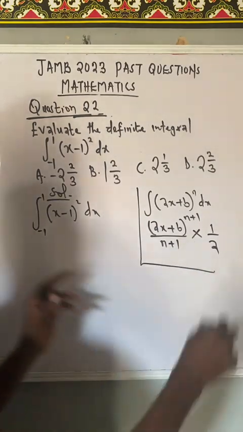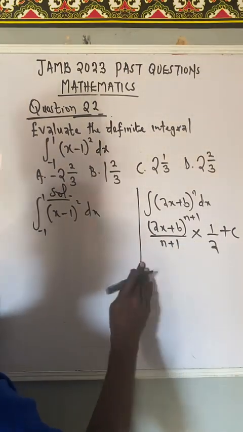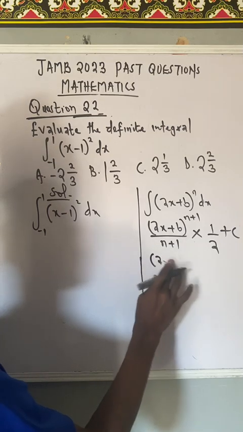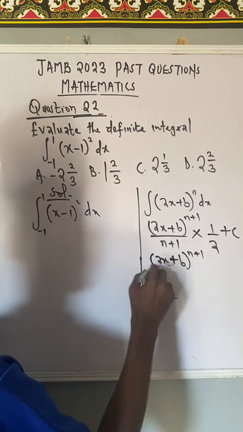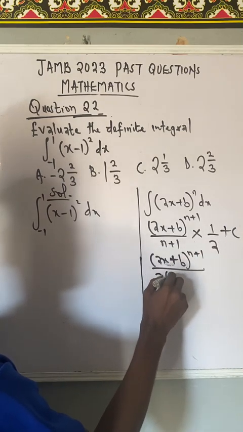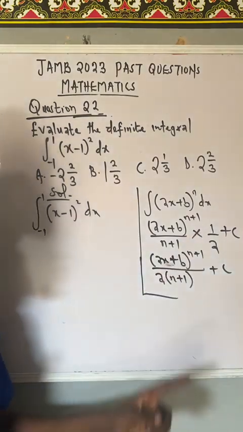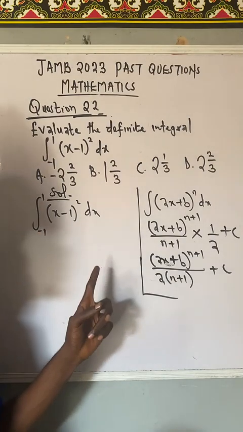That's the meaning. Then add an arbitrary constant to it. So at the end of the day, this will give me (ax plus b) raised to the power of n plus 1 all over a times (n plus 1), plus c. Good. If you can remember this, you can always use it to evaluate this.